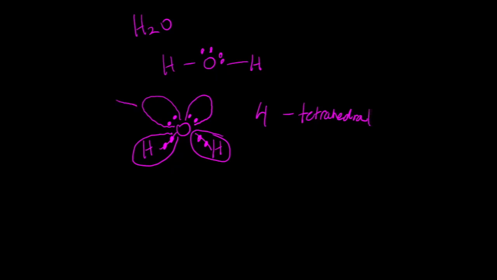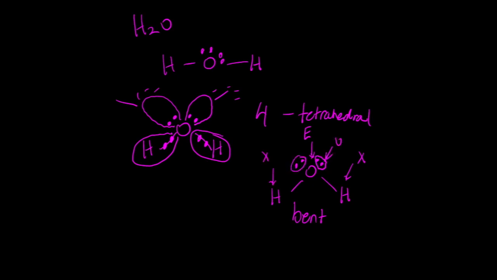But grab your needle, pop this balloon. What is the position of these 2 hydrogen atoms? Well, they're bent. When you look at this molecule, it has the designation bent. If your central atom is E, and your bonded groups are X, and your pairs are called U, there's one U there and one U there.